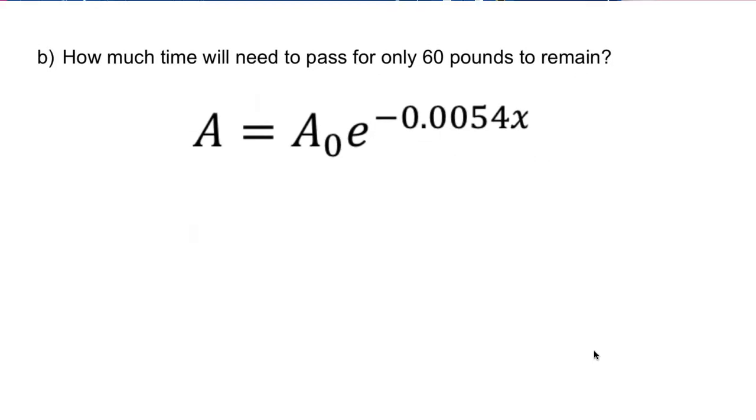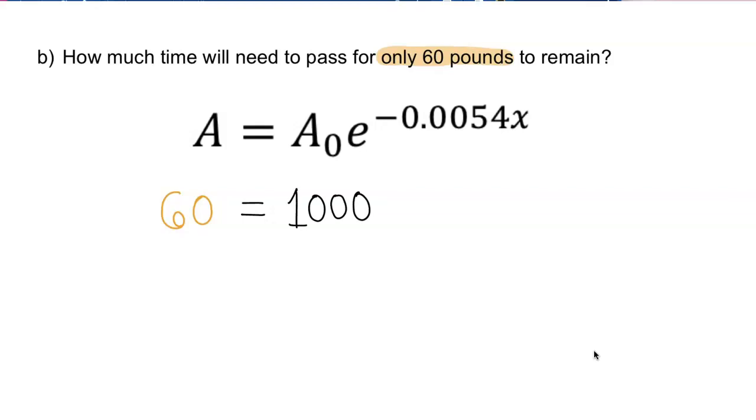When they said only 60 pounds to remain, they're talking about the ending amount, how much we will have in the future. So put that 60 as the A value on the left side of the equal sign. Now, A sub 0, they never said any other number, right? Remember they said they started with 1,000 pounds of this? So I'm just going to keep on using that 1,000 pounds.